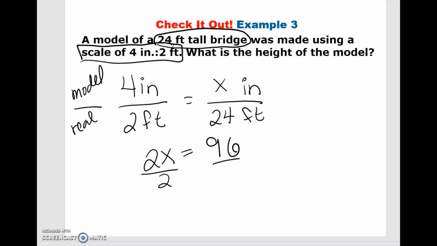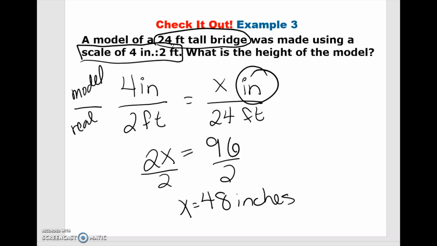We're going to divide by 2, and we get x equals, oops, I forgot my equal sign, 48, and then don't forget our units, inches. So we're going to build a model of a bridge that's 48 inches long.